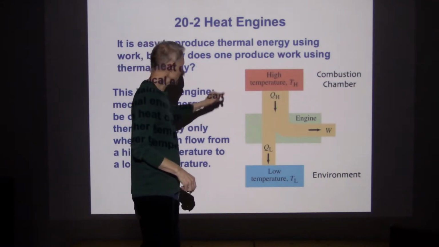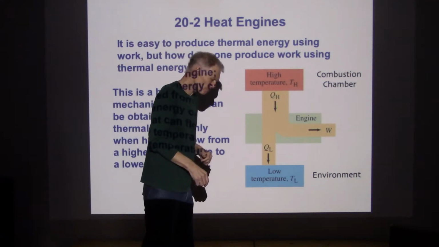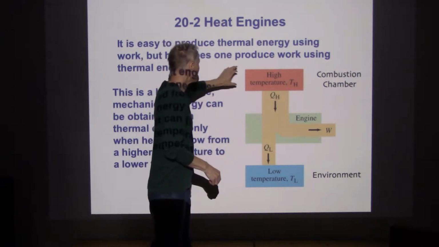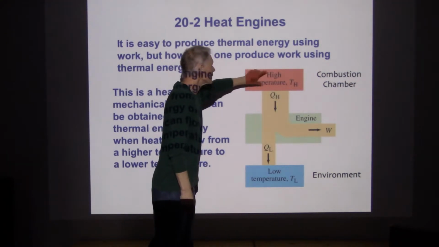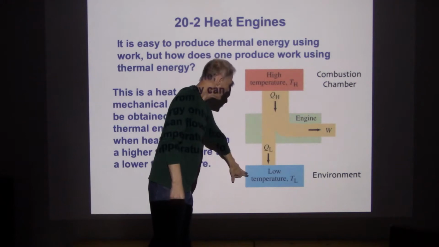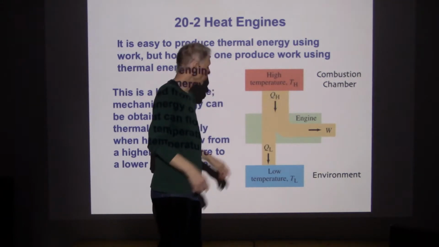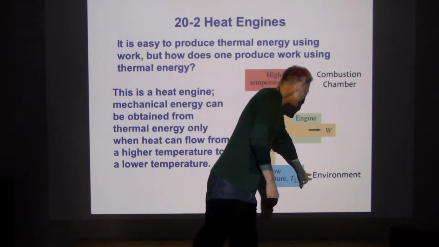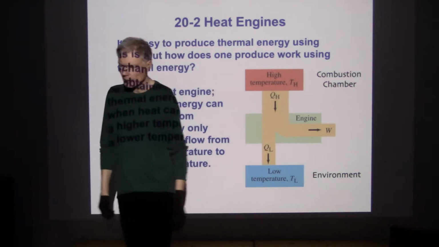So in analyzing the heat engine, we have a high temperature region, typically a combustion chamber, and then we have a low temperature region where the energy ends up, and that's typically out in the environment.